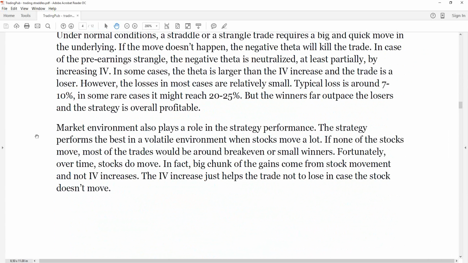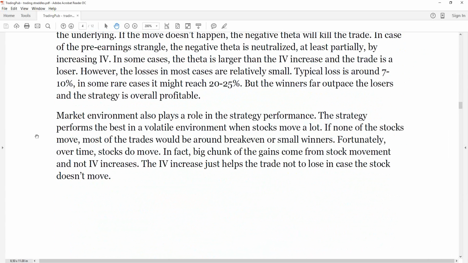I believe our maximum loss since inception, in 4 years, was around 25%, and it was fairly rare. Most of the losses are around 7, 10, maybe 15%. But the winners usually far outpace the losses, and the strategy is overall profitable.